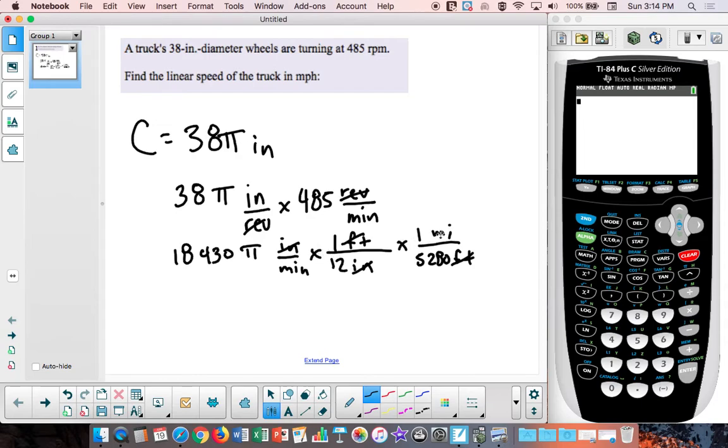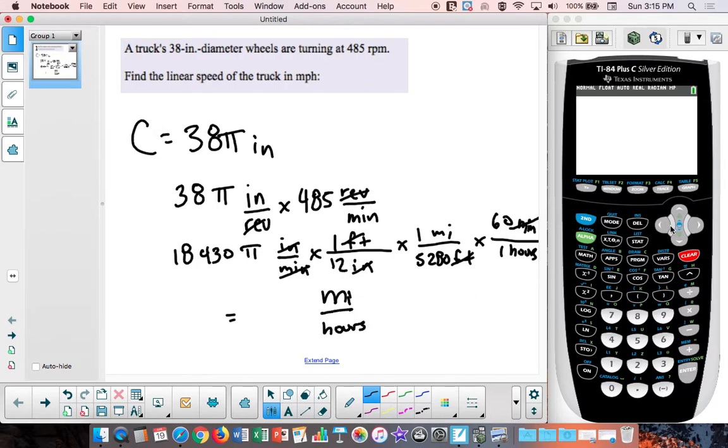And so now we have miles per minute, but we want miles per hour, so now we need to change minutes into hours. Minutes cancel with this calculation, and you're pretty much done. You're in miles per hour. You just need to write out that calculation.